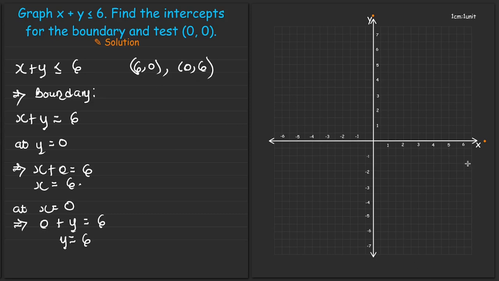We have 6, 0. 6, 0 is going to be here. This is our 6, 0. Then on the y-axis, we have a 0, 6. So 0, 6 is also going to be right here. Then we draw a straight line through these 2 points.